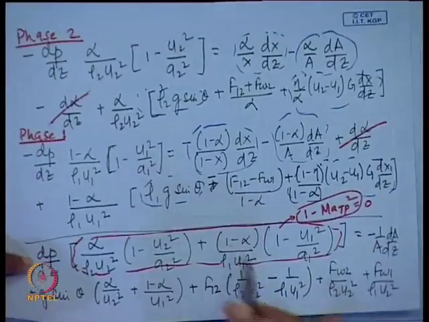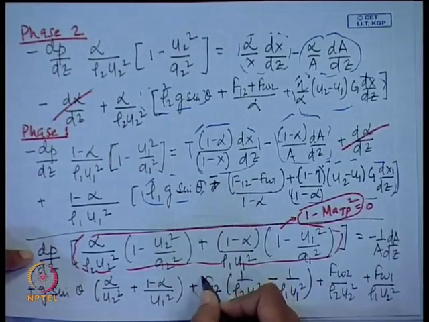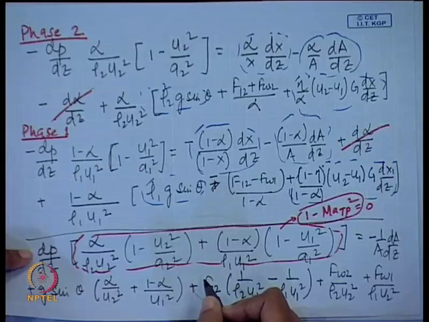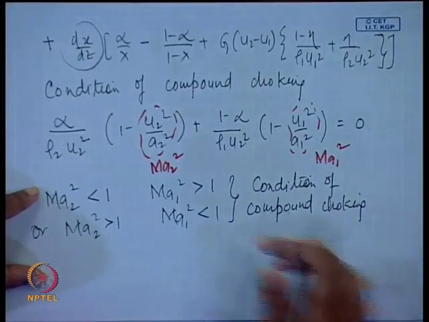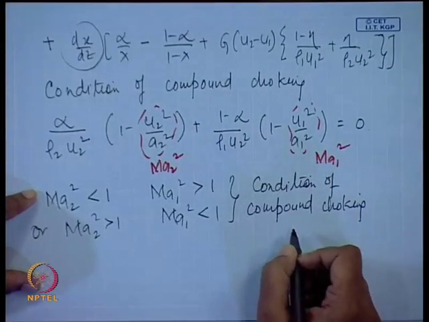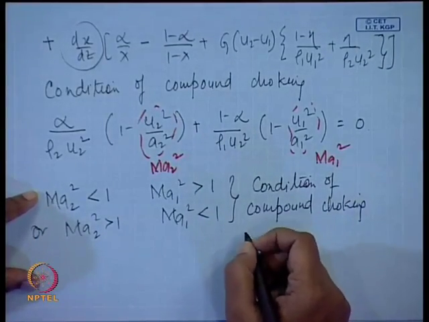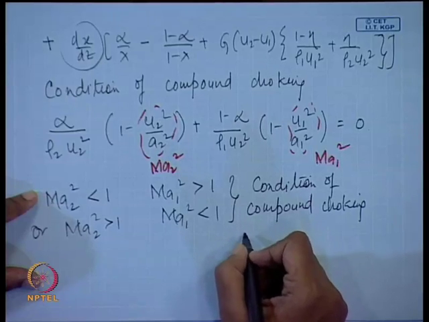The other thing is, I have assumed F12 also to be independent of the pressure gradient. This is more or less a reasonable assumption, but I have assumed that the interaction between the two phases is independent of the pressure.